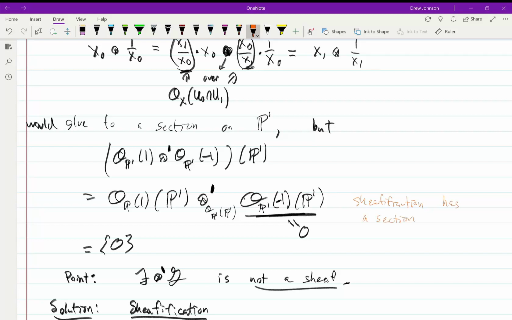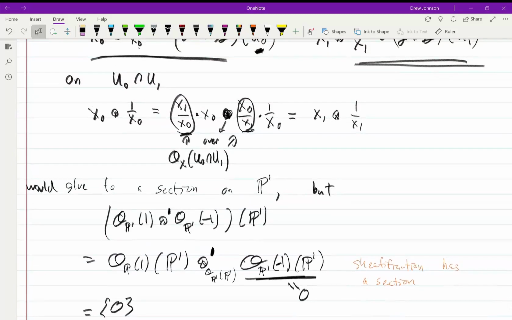What section is it? Well, it's just given by this thing on U0, and it's given by this on U1, and then by definition of the sheafification, we know they agree on the overlap, so they have to glue together into a section, and so it has a section.